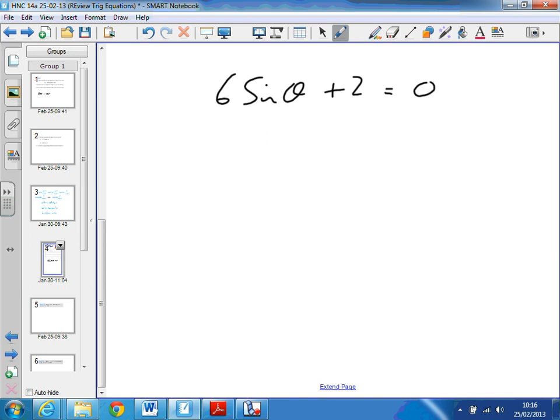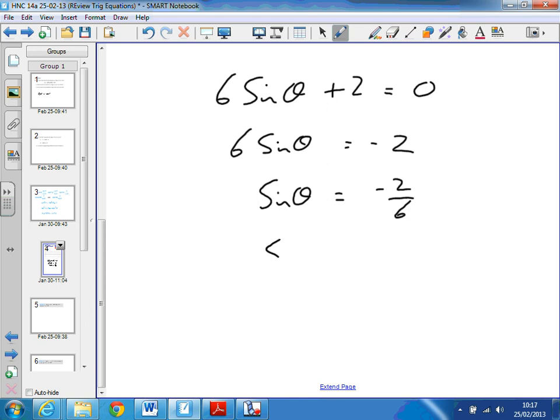What we're after is theta. So what do you think we might do first to get theta on its own? Subtract 2 from both sides, and divide by 6. Sine theta equals -2 over 6, which is -1 over 3, or minus 0.3 recurring.